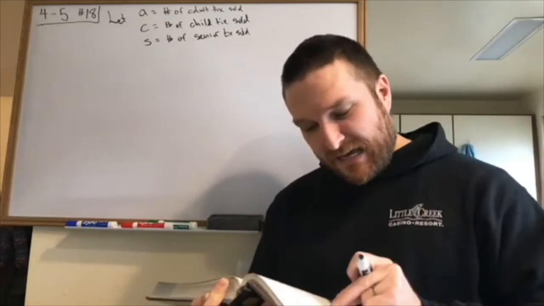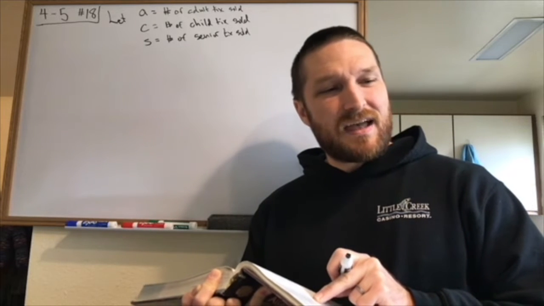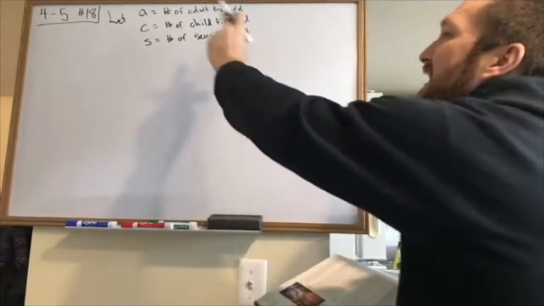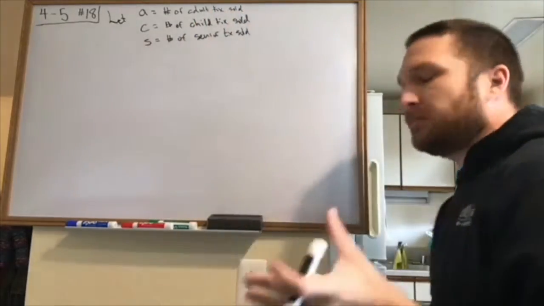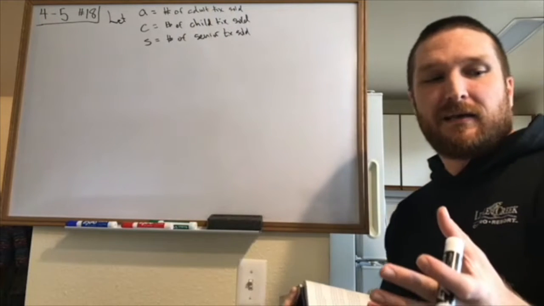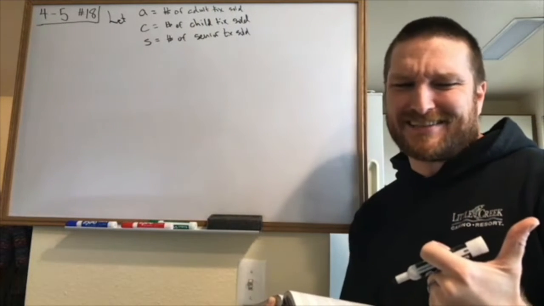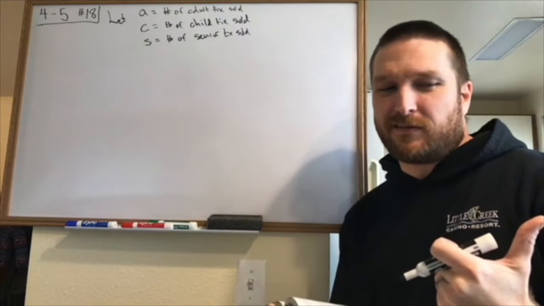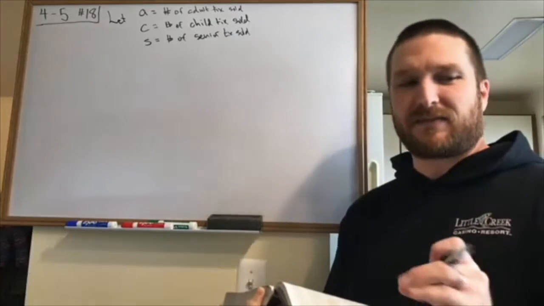I notice that, first off, this is the number of tickets. A is a number of tickets. It should be an integer. It shouldn't be a negative number because you can't sell negative tickets. It shouldn't be like 75.7, because you can't sell 0.7 of a ticket.